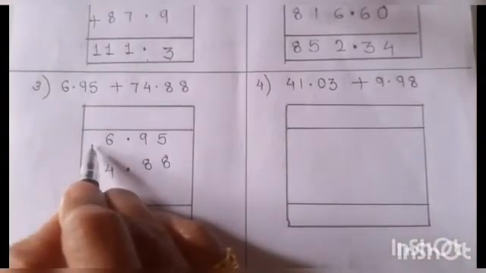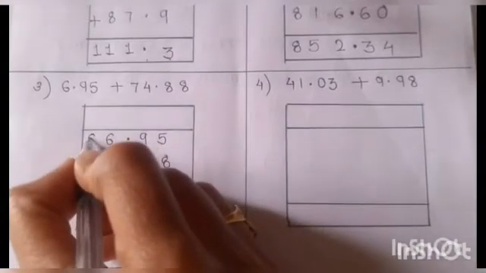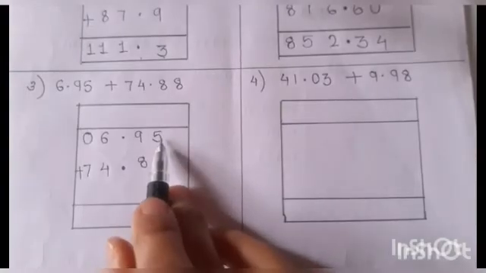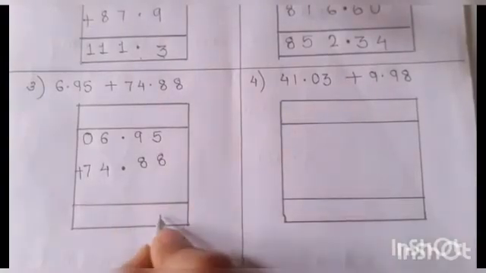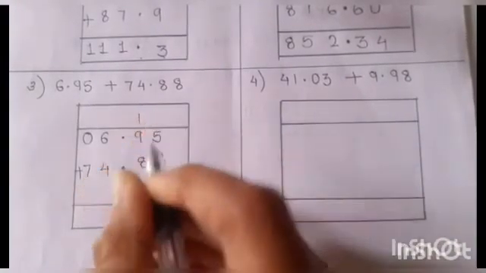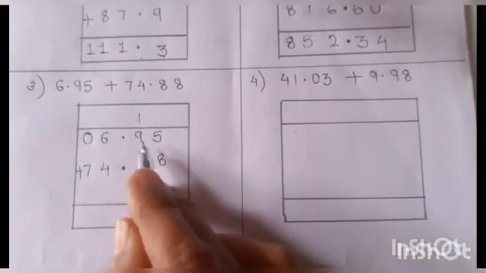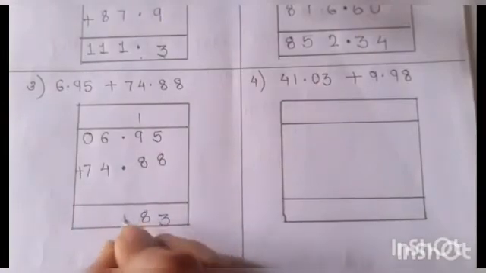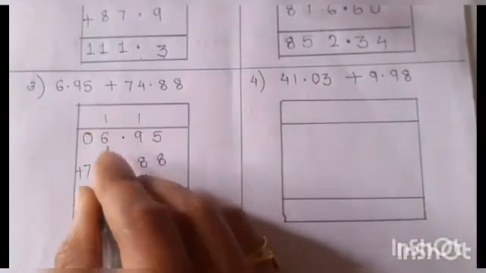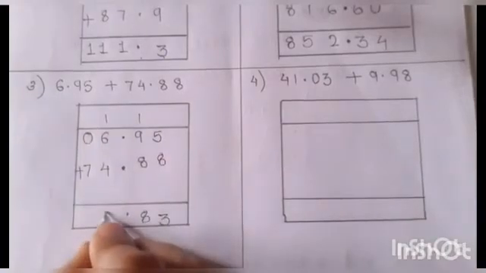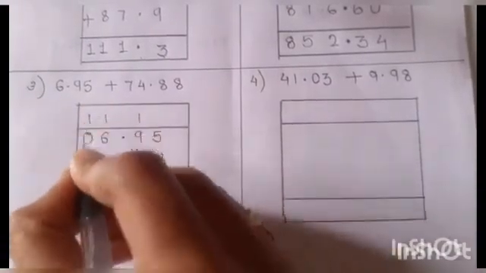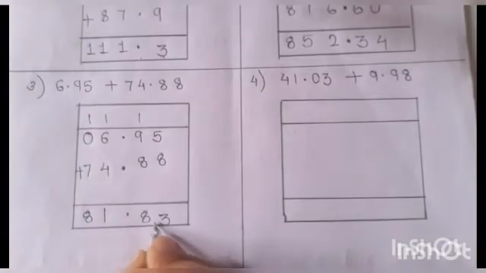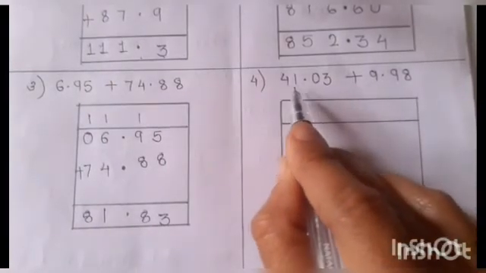Now here there is no digit, so you will write 0 over here. 8 plus 5, 13. Carry 1. 9 plus 8 plus 1, 18. Carry 1. 10 plus 1, 11. 7 plus 0 plus 1, 8. So 81.83.